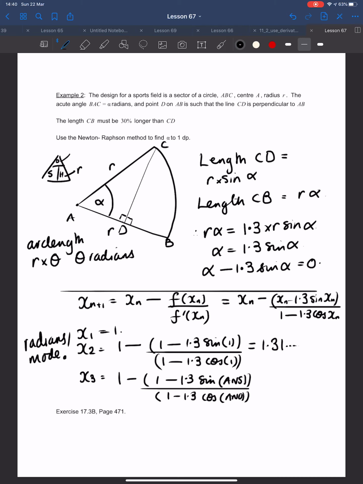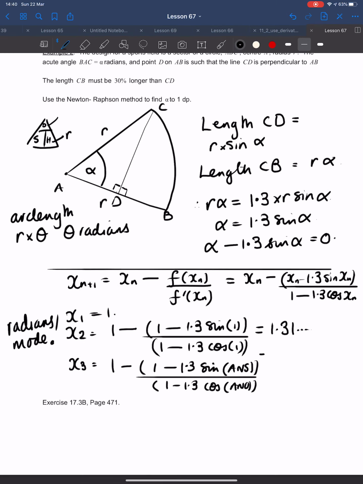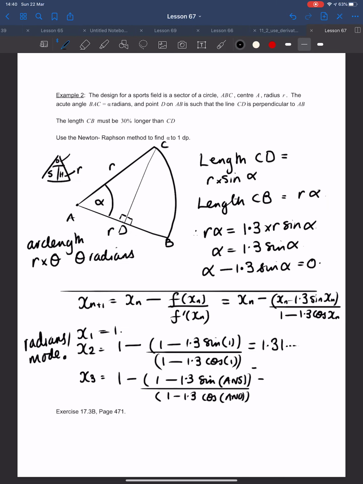And then use your answer button on the calculator, and that will come up as, I'm taking this from the book, 1.22, etc. And then the next one is exactly the same, using the answer button, and that will come up as 1.22 as well.